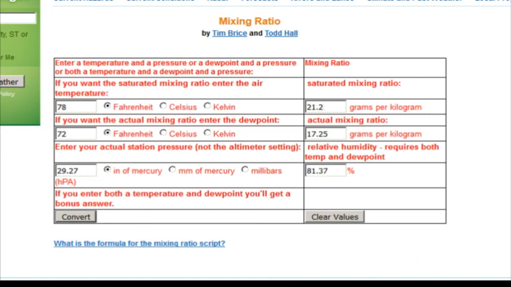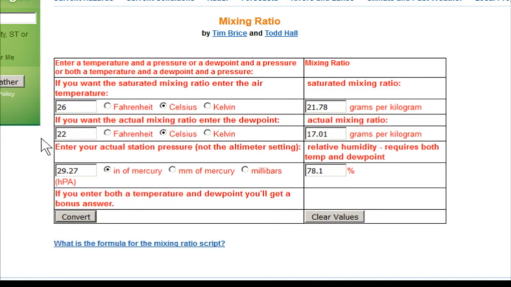Now, another expression of moisture is dew point depression, and we'll see that sometimes on upper air charts. That's simply the difference between the temperature and the dew point. Normally, that's expressed in either Kelvin or Celsius degrees. So in this case, those are the values right there.